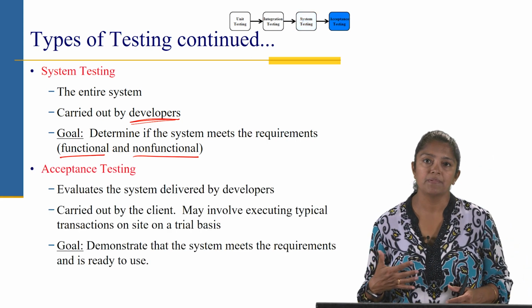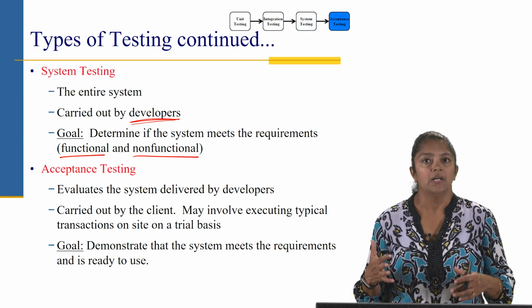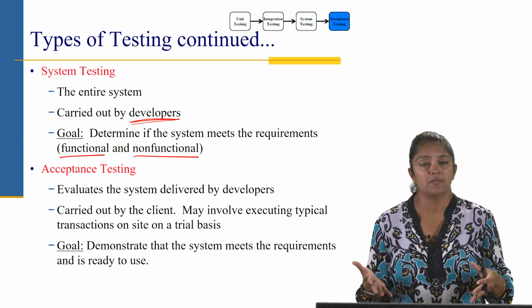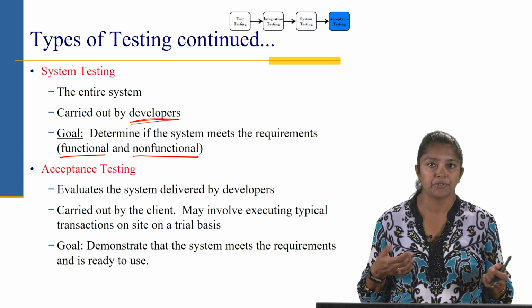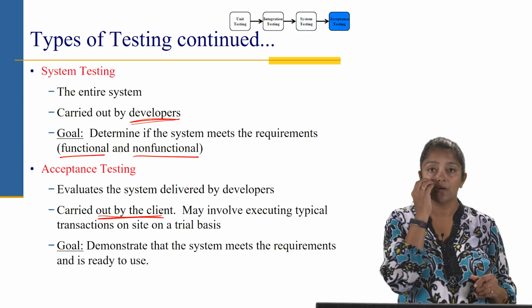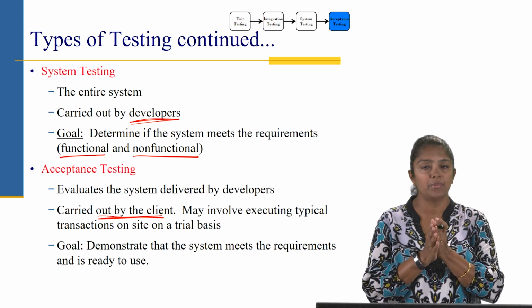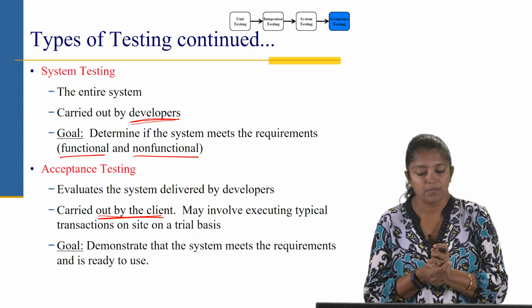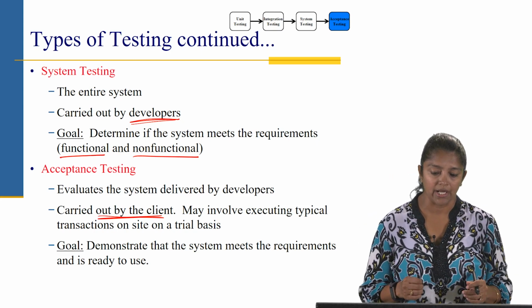The last one is acceptance testing. So this is the one that's done after the system has been delivered by the developers to the client. It's carried out by the client. That's key over here. All of the other ones are carried out by the developer, but the acceptance testing is carried out by the client.